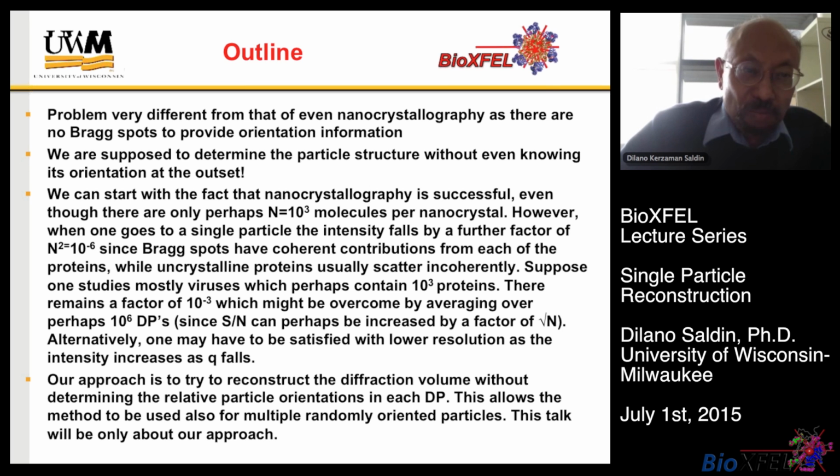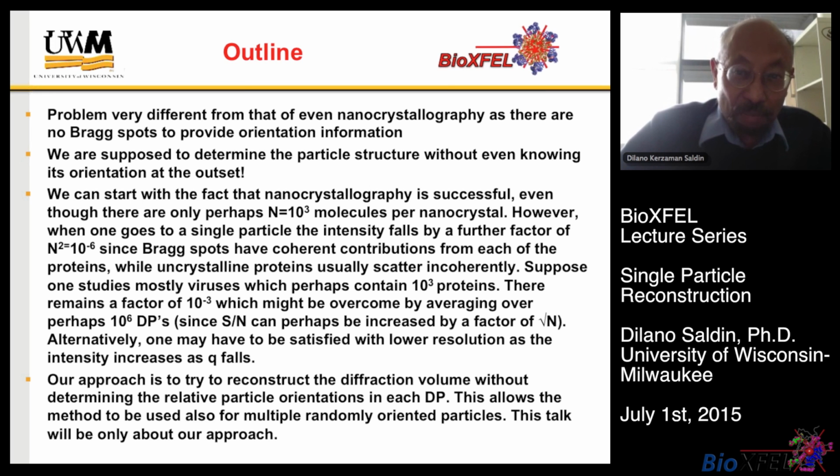Now, of course, most of the initial studies have been on viruses, which contain a large number of proteins. So let's suppose a typical virus has, say, 10 to the 3 proteins. This bridges the gap a little bit, but there's still a further gap of 10 to the minus 3.